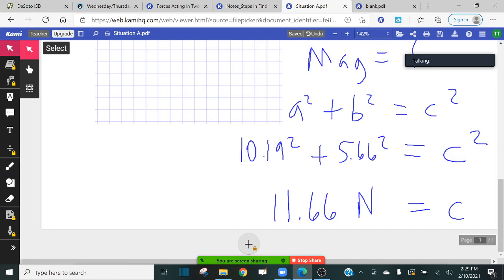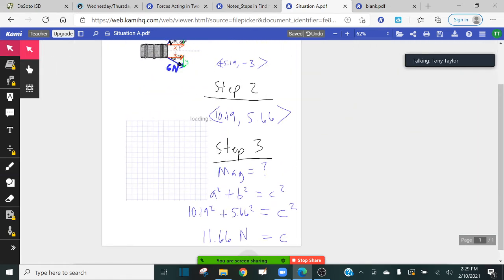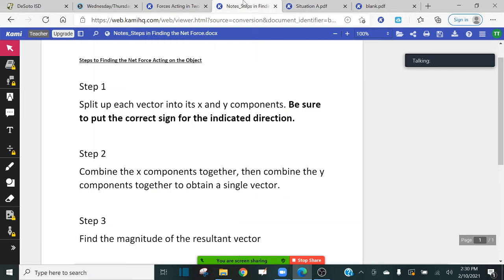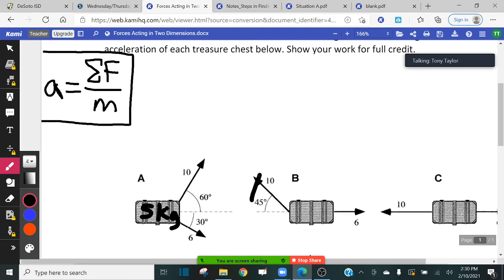Okay, so hopefully everybody's following me so far. We just did the 3 steps for how to find the net force. So we got 11.66 newtons. But guys, we're not done.